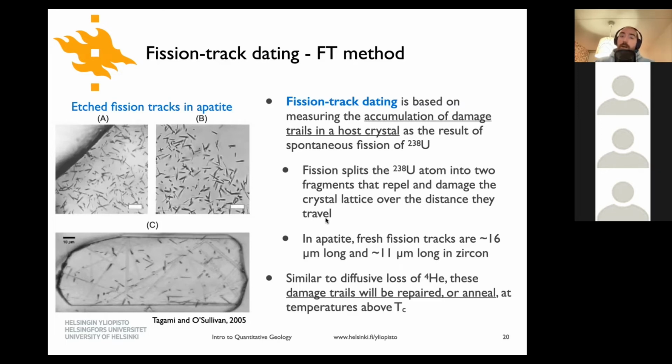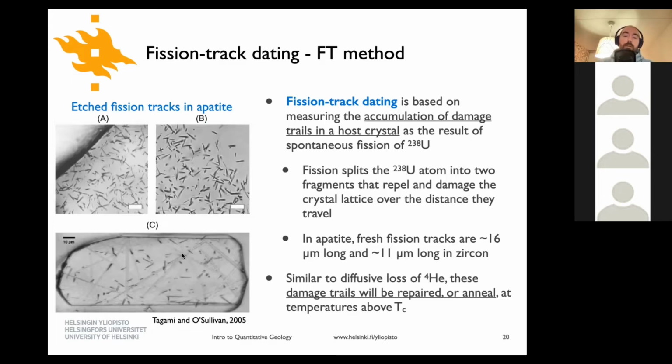So when this spontaneous fission occurs, we produce these damage trails. They're about 16 microns in length in apatite, about 11 microns in zircon. And they do behave somewhat similarly to a typical thermochronometer, in the sense that once you've produced one of these damage trails, if you're at high enough temperatures, the crystal will heal itself, basically.